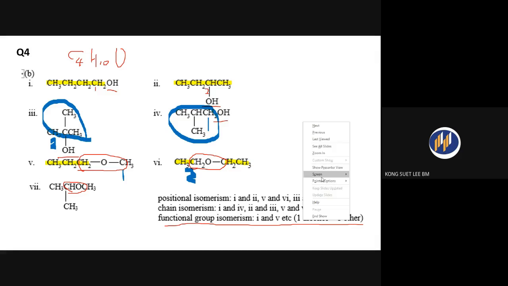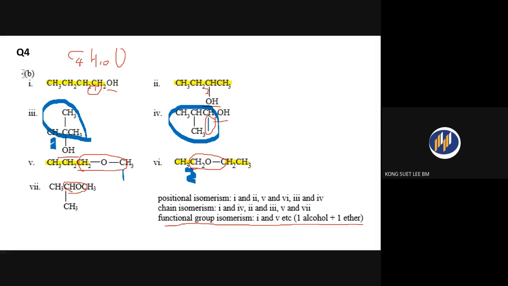Okay, now we go for chain isomer. Chain isomer is the functional group at the same place, but the chain is changed. Okay maksudnya, rantai dia, functional group dia tetap kat posisi yang sama, tapi rantai dia bertukar. Contoh yang 1, 4. Ini C1. Ini pun tadi cakap C1. Tapi rantai berubah.